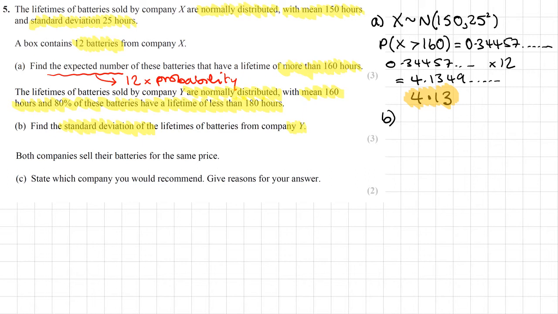So what we have is Company Y, normally distributed, a mean of 160, and an unknown standard deviation. And we also know that the probability that one of these batteries has a lifetime less than 180 is equal to 80%, or 0.8.